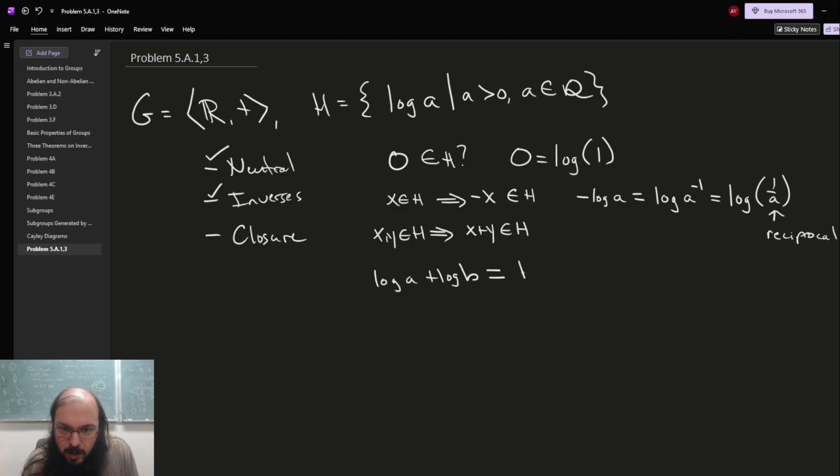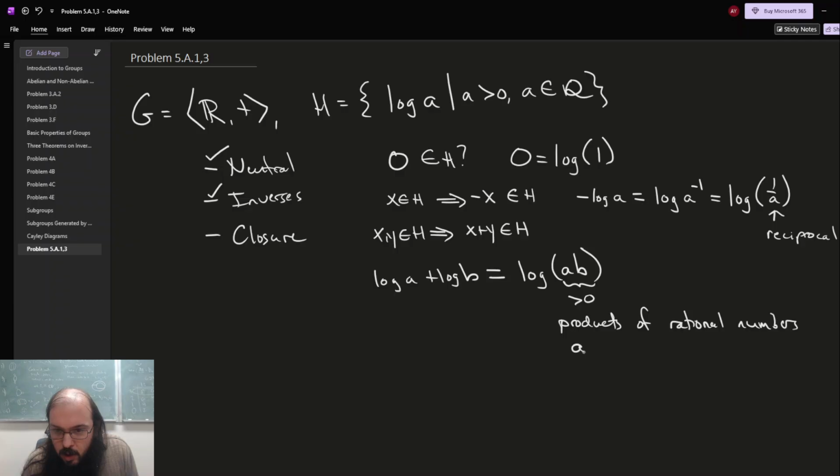And for this, we remember that log turns multiplication into addition. Since A and B are individually positive, and again, rational. Products of rational numbers are rational. And that handles closure. So we're done.